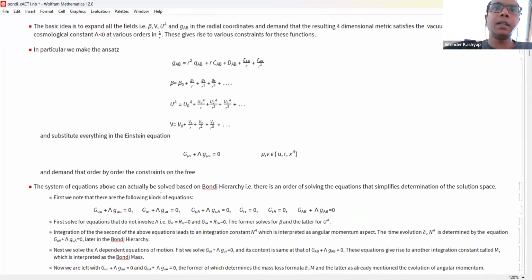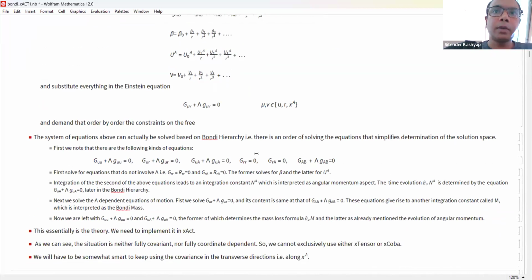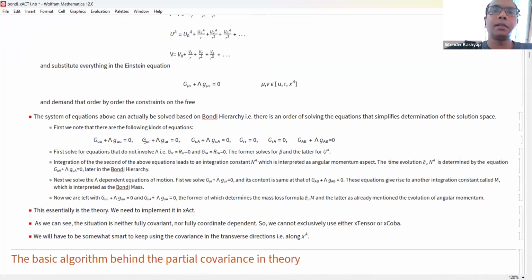So what Bondi and collaborators came up with is something called the Bondi hierarchy, which says that there is an order of solving the equations that simplifies the determination of the solution space. Let me very quickly recall the equations that we need to solve first.